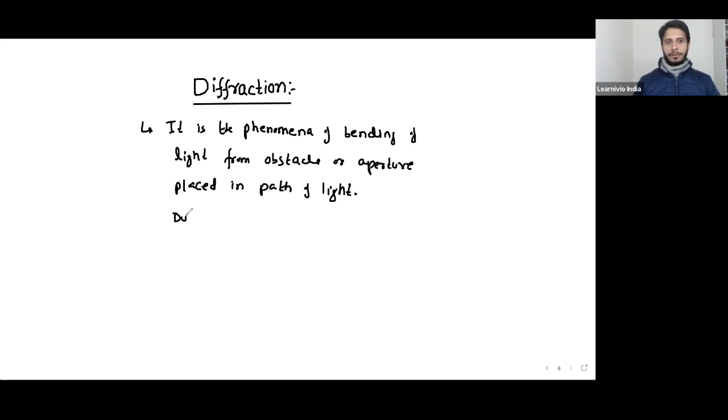Due to bending, light can penetrate into the geometrical shadow.